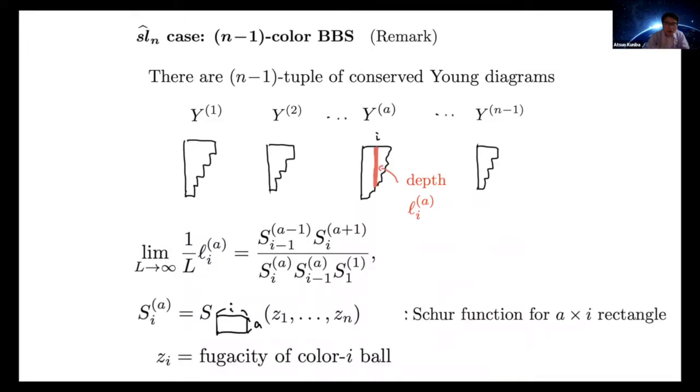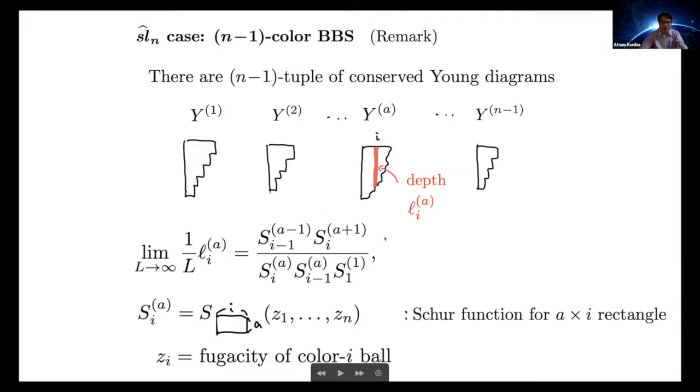This is a slight digression to the higher rank case, a kind of remark. There is an n-th concept Young diagram, as I said yesterday. Let's look at the a-th Young diagram, consider the depth of its I-th column and take its scaling limit.